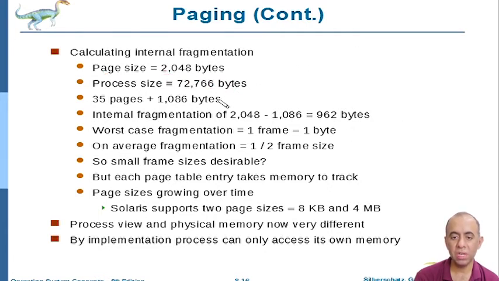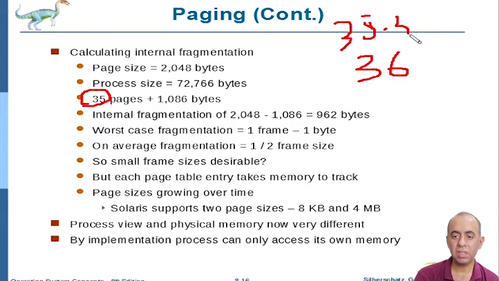What would you do? You will divide 72,766 by 2048. You will get something like 35 point something, right? So you will say that this is approximately 36 frames, but 35 are fully occupied. The exact answer is 35.5.